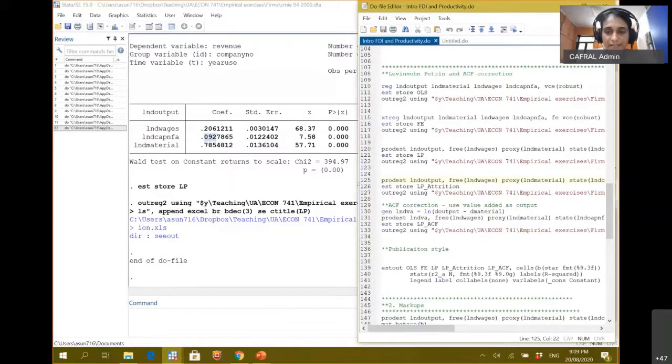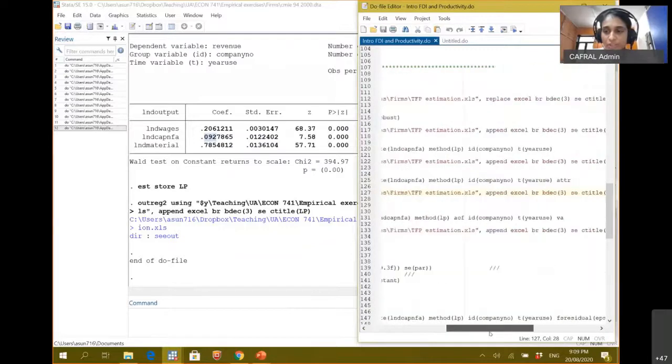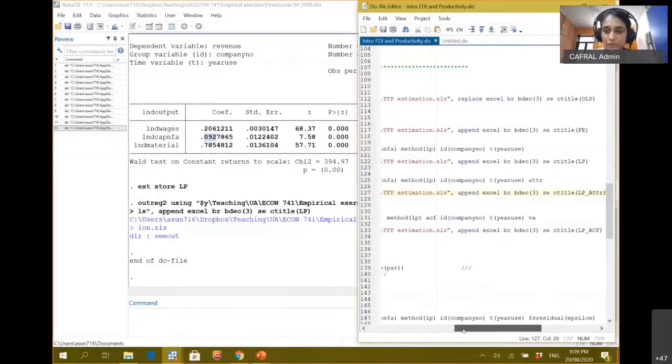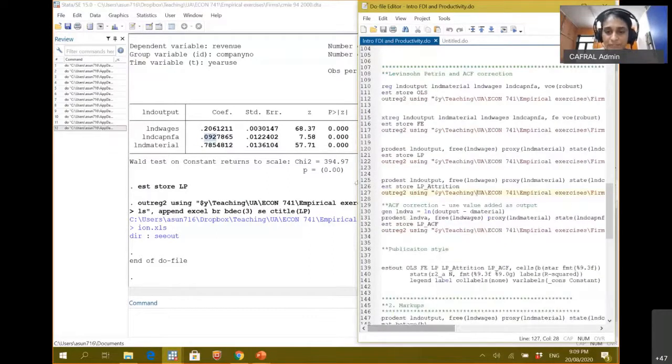So the next thing I'll do is I'll also correct for attrition. Now, to correct for attrition, all you need to tell Stata is just use this option attr with the prodest command. So if you use attr, then Stata will run that 3-stage estimation that I told you about, right? Where it runs that probit and then sticks in that predicted probability to control for exit. So I'm going to run that here as LP attrition.